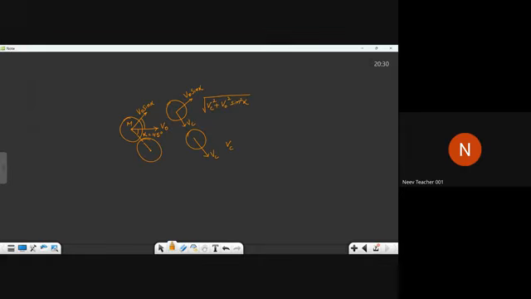I have one question for you. Two particles are colliding and one of the two particles was at rest. What kind of collision can it be? Only head-on, only oblique, or either head-on or oblique?